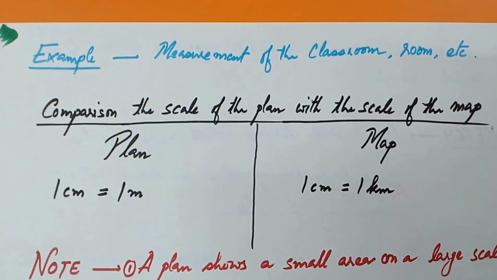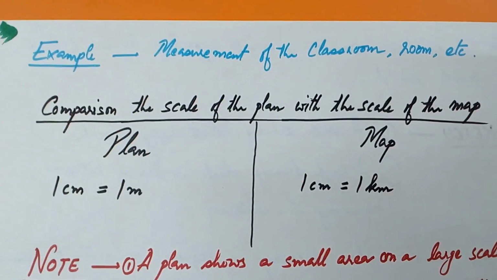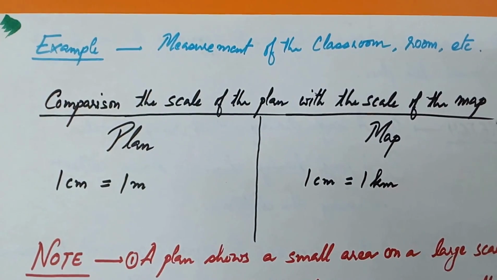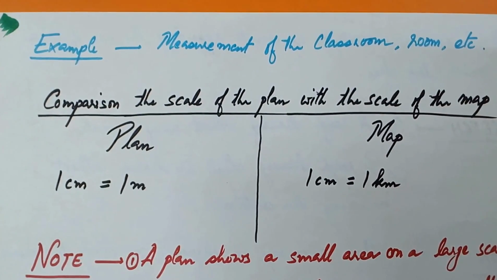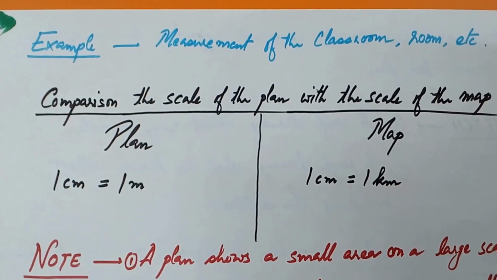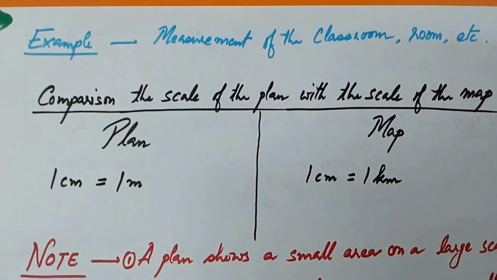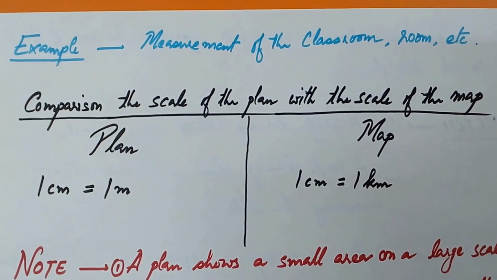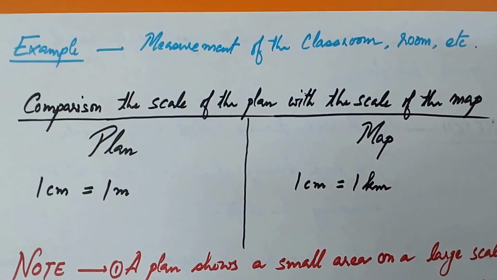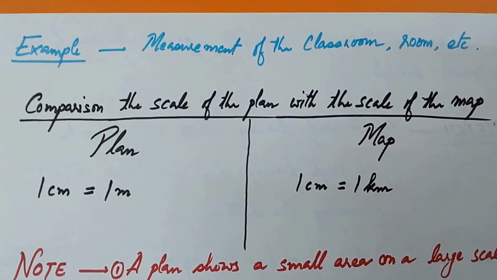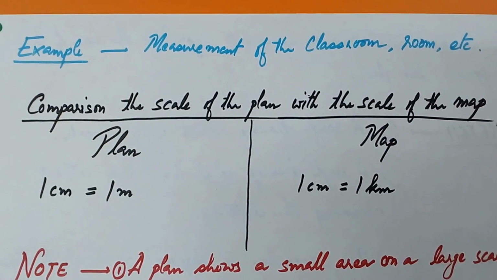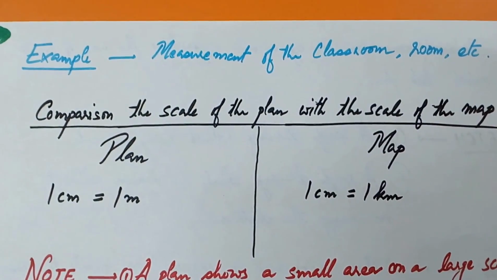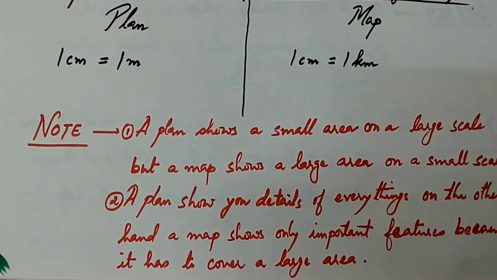The comparison of the scale of the plan with the scale of the map: in a plan, 1 centimeter is equal to 1 meter. That means 1 centimeter on the plan will represent 1 meter on the ground, while on a map 1 centimeter is equal to 1 kilometer. That is, 1 centimeter on the map will represent 1 kilometer on the ground.